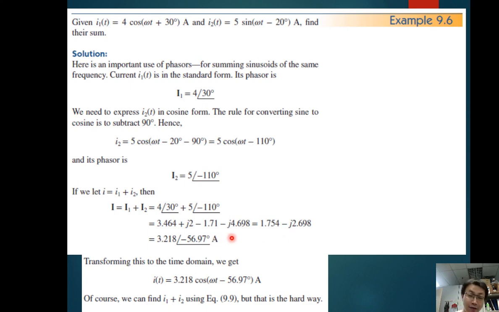After that, I convert back into the time domain. This is not the time domain because we don't see time. This is the time domain because I see i(t). We see the t. So I copy 3.218. Angle will be my cos. I copy negative 56.97. Then I add omega t. Okay?